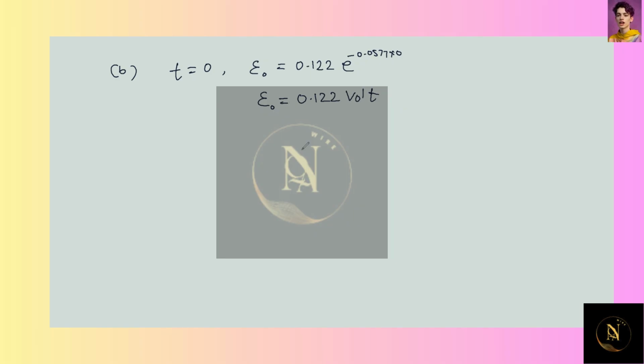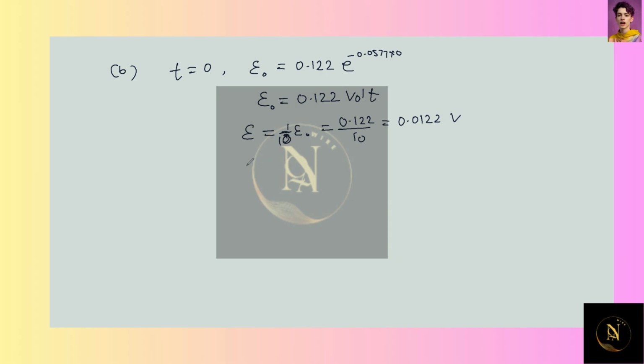Now we have to find the time in which the EMF induced will reduce to 1/10 of the initial EMF. That means the instantaneous EMF should be 1/10 of the initial EMF, so it should be 0.122 divided by 10, or 0.0122 volt.